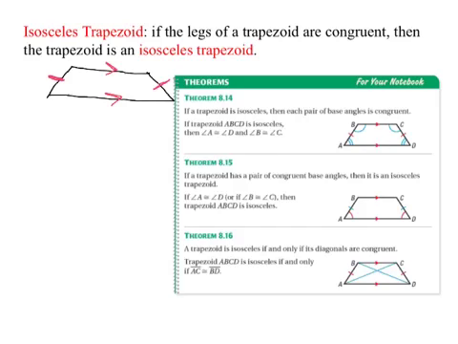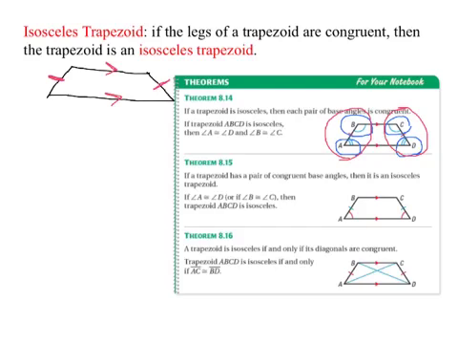Theorem 8.14, if a trapezoid is isosceles, then each pair of base angles is congruent. Trapezoid ABCD is isosceles, so I have A and D are congruent, and B and C are congruent. We also just learned that A plus B is 180, and C plus D is 180.